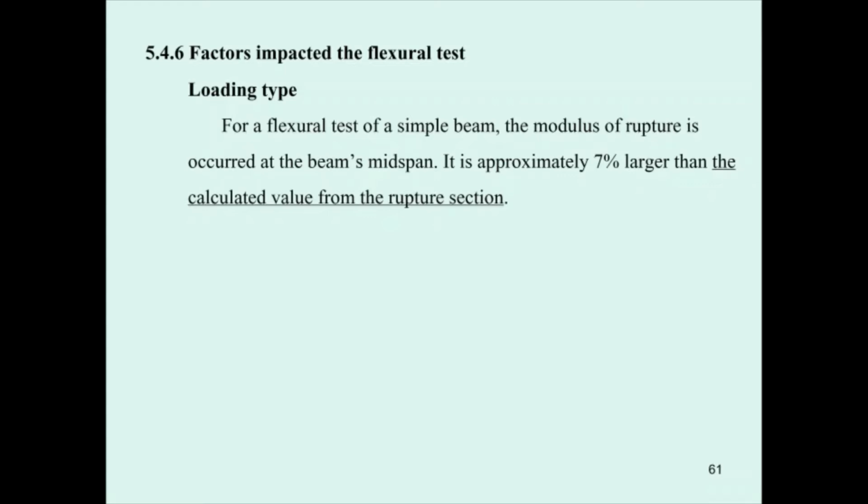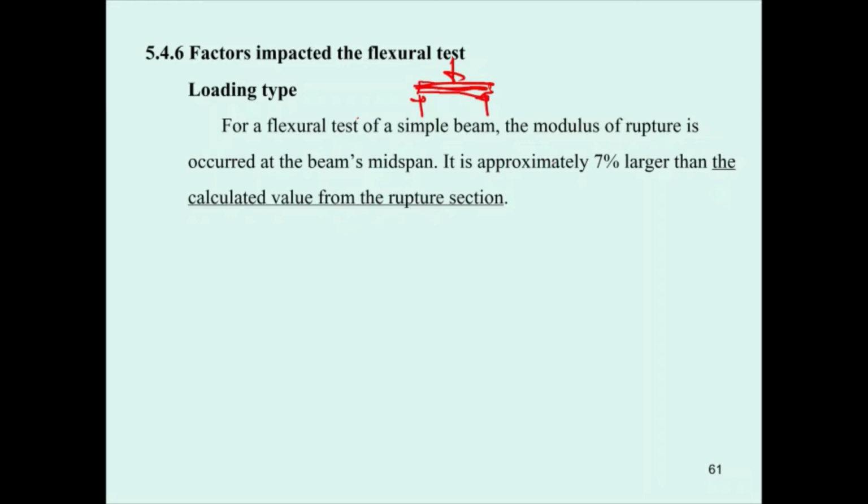The factors that affect the flexural tests, there are many of them. The first one is loading type. For a flexural test with a simple beam, you know simple beam, right? A simple beam is a beam with three-point loading. It is going to be like this.